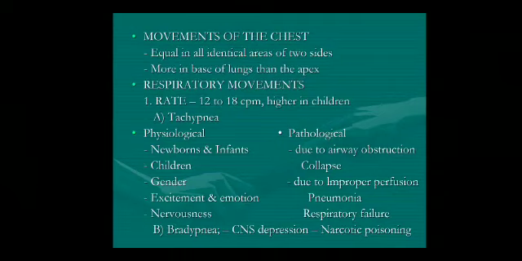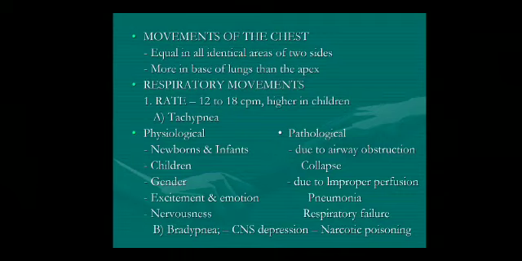Causes for tachypnea: physiologically it's seen in newborns and children. The rate of respiration is also higher in women, and with excitement and exercise. All these are causes for physiological increase. Whereas pathological increase is seen in hypoxia, for example, pneumonia causes tachypnea.